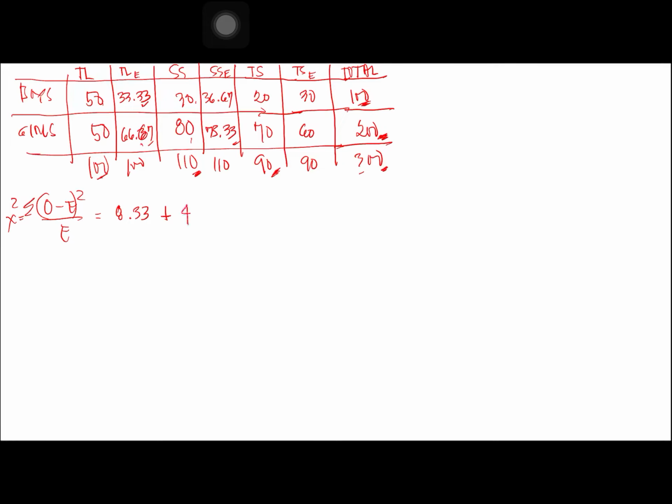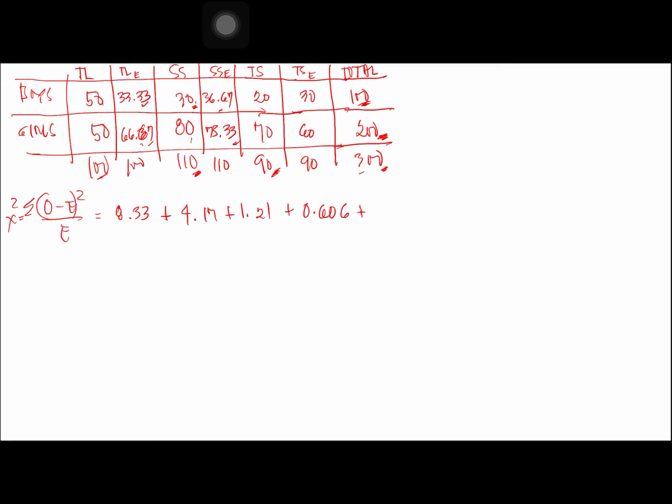We have there 4.17 plus 30 minus 36.67 squared divided by 36.67. We have there 1.21 plus, we have there 73.33 minus 70 squared divided by 70. We have there 0.606. Okay?